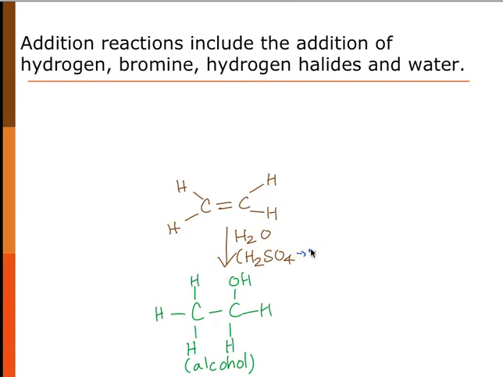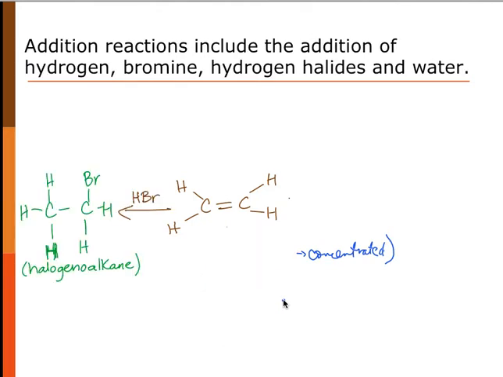And let's make sure that we say concentrated sulfuric acid, and that's going to form the alcohol. And then the fourth type is with a hydrogen halide, which will then form a halogenoalkane with only the one halogen connected.